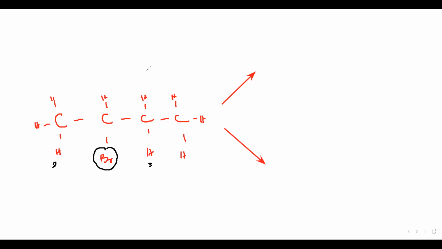So if the hydrogen from the left hand side is removed, like one H is removed and Br is removed, what will form? There will be two hydrogen atoms, and since this H and Br are removed, it will form a double bond here.